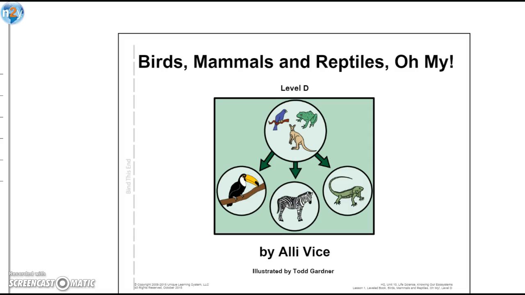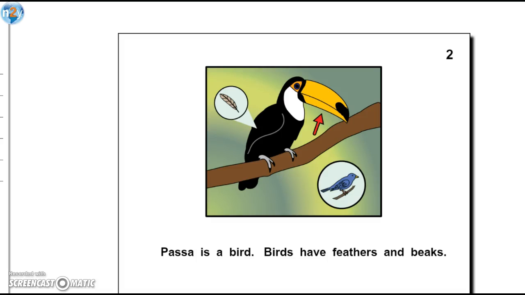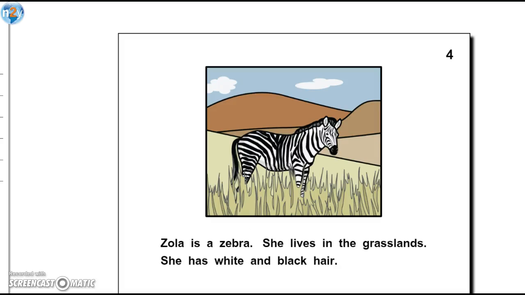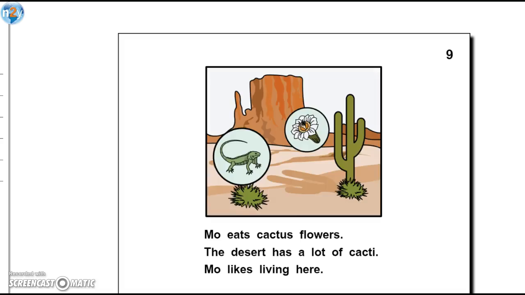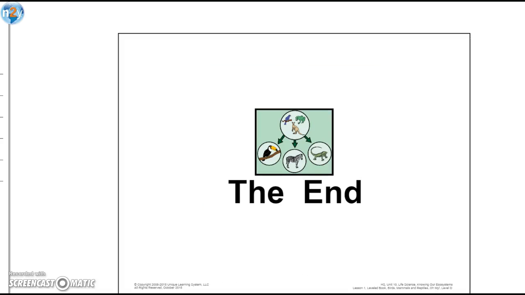So when I go back to this page over here, this is the story for the month of October, Birds, Mammals, and Reptiles, oh my. So this is for your level 3 student. So at the top you see level D. You see here, there are a lot of words that the student can read, and there are still pictures, but there are a lot of words here.